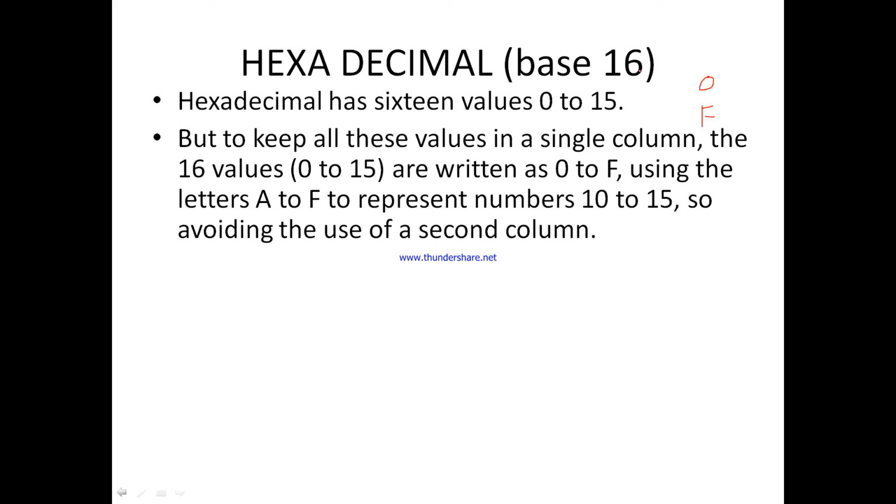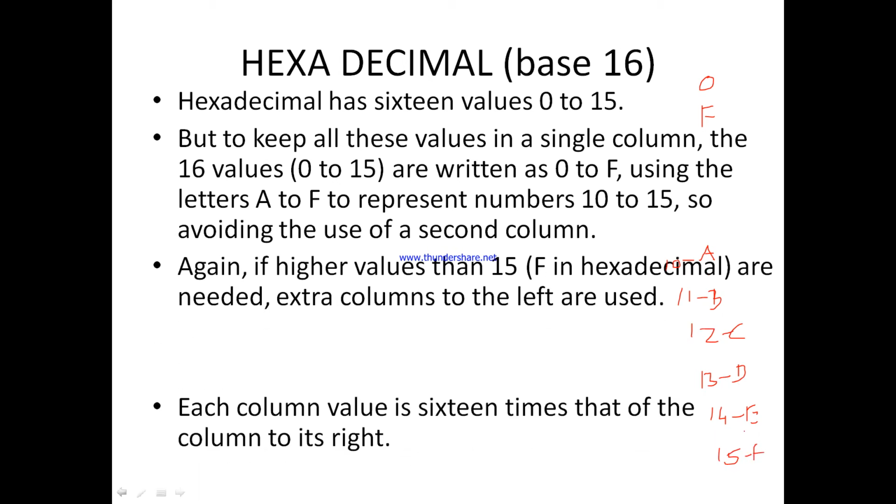For 0 to 9 we write the numerical value, then 10 to 15 are written as alphabets: 10 is A, 11 is B, 12 is C, 13 is D, 14 is E, and 15 is F. Likewise, these are the different types of number systems.